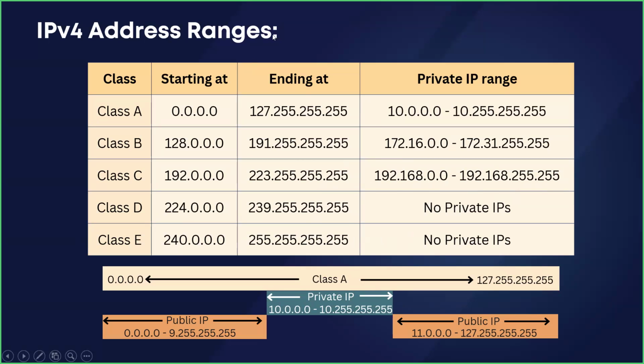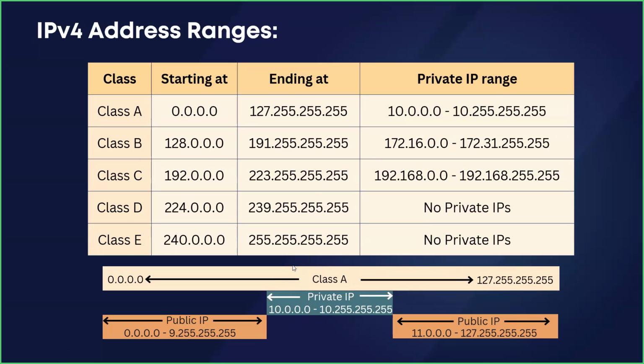If this is still a bit unclear, to elaborate, take the example of Class A. It starts at the first IP, 0.0.0.0, and it ends at the last IP, 127.255.255.255. In that entire range, there's a small private IP set from 10.0.0.0 to 10.255.255.255. That's the private IP set.